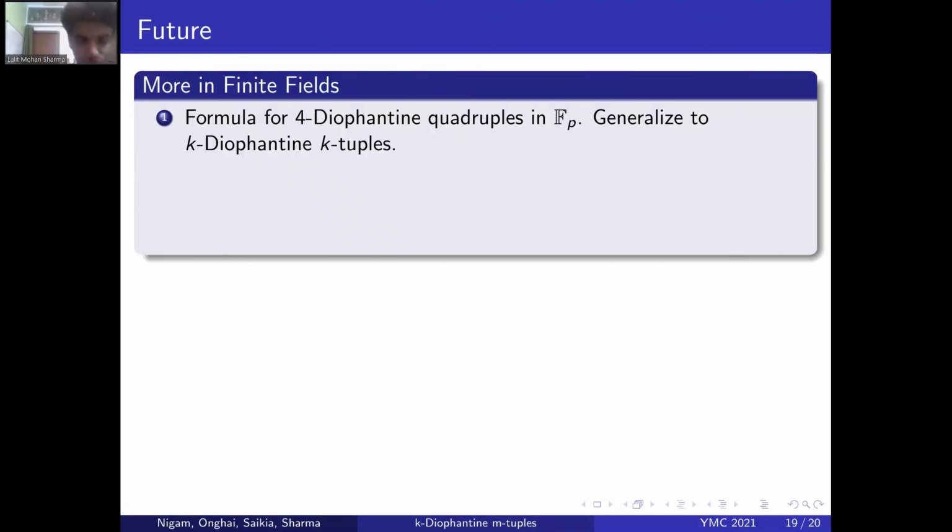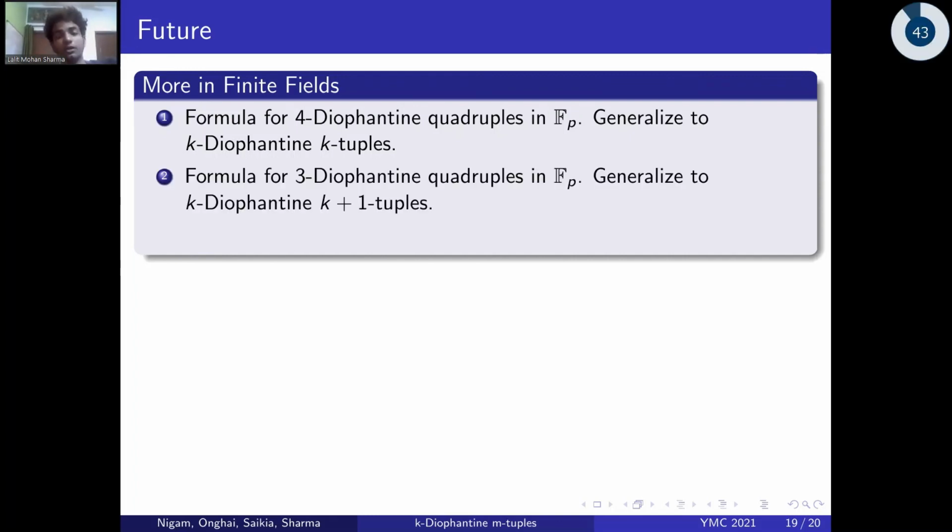So what about the future? There are a lot of directions to go in now. Specifically with finite fields, you can try thinking about the number of Diophantine quadruples or Diophantine quintuples, and you can generalize it to a higher case, other positive integers k.